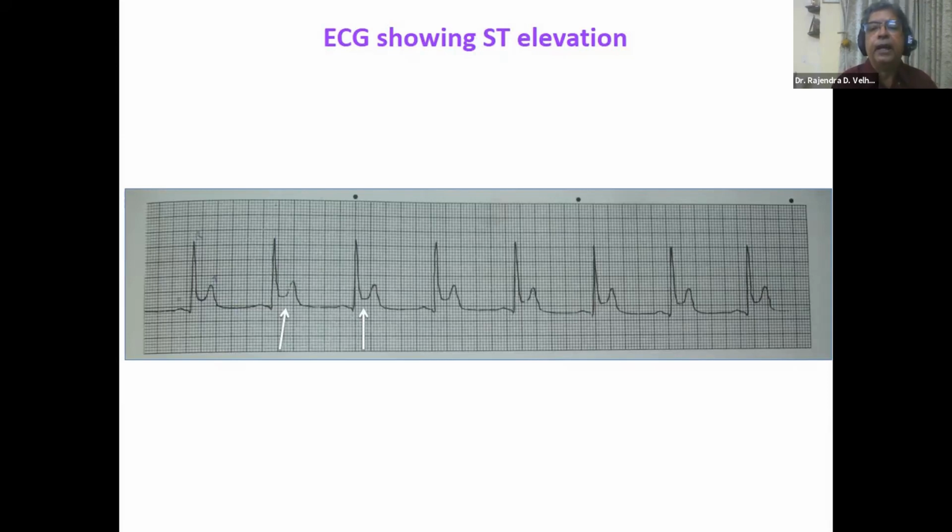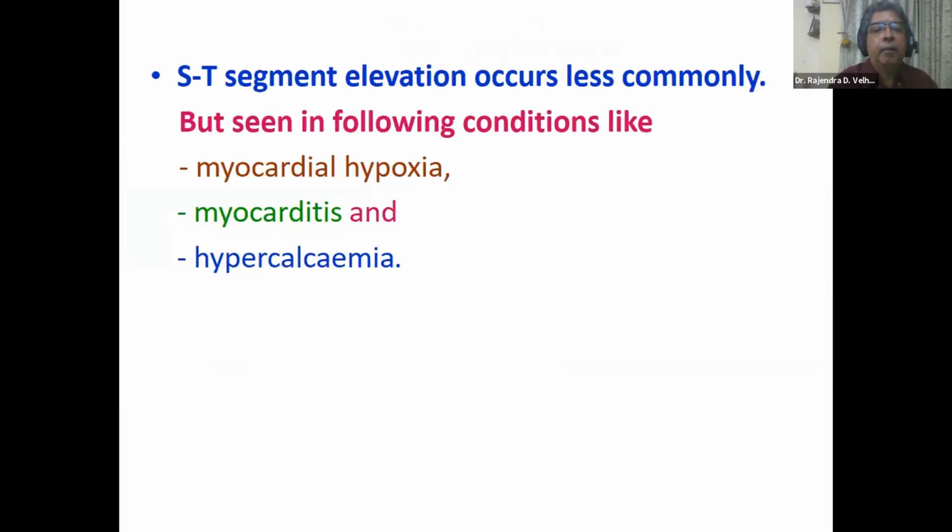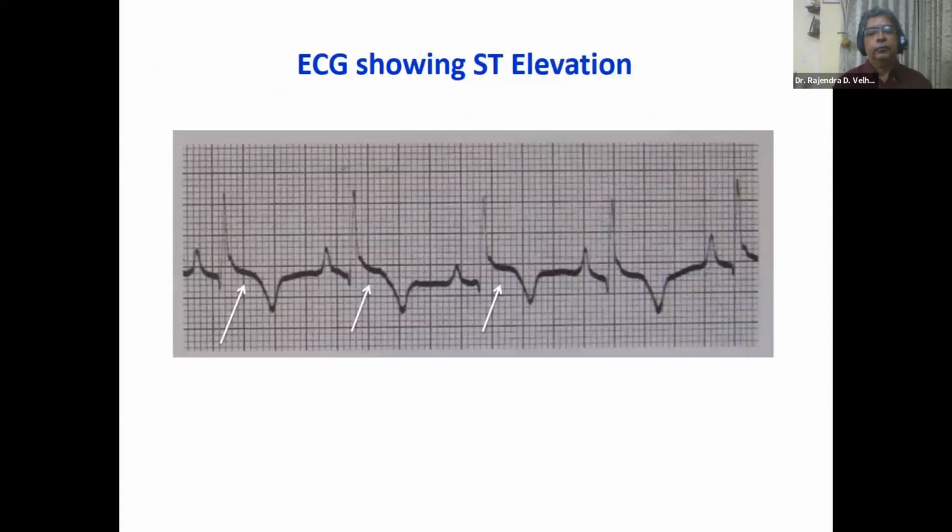These are myocardial hypoxia, myocarditis, and electrolyte imbalance like hypercalcemia. So these are the conditions in which ST segment elevation can be seen. Again, the arrow points out the ST segment elevation in this particular ECG.